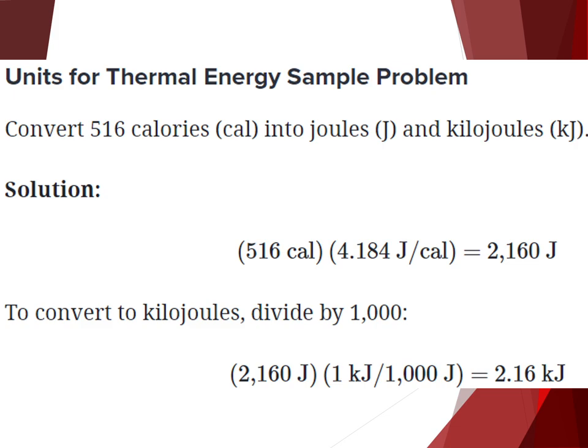In this case, because I need to cancel out the unit for joules, I would put the 1,000 joules term on the bottom of that fraction and the 1 kilojoule on the numerator of that fraction. That would allow me to understand that I am intended to multiply 2,160 by 1 and then divide by 1,000, giving me a final answer of 2.16 kilojoules.